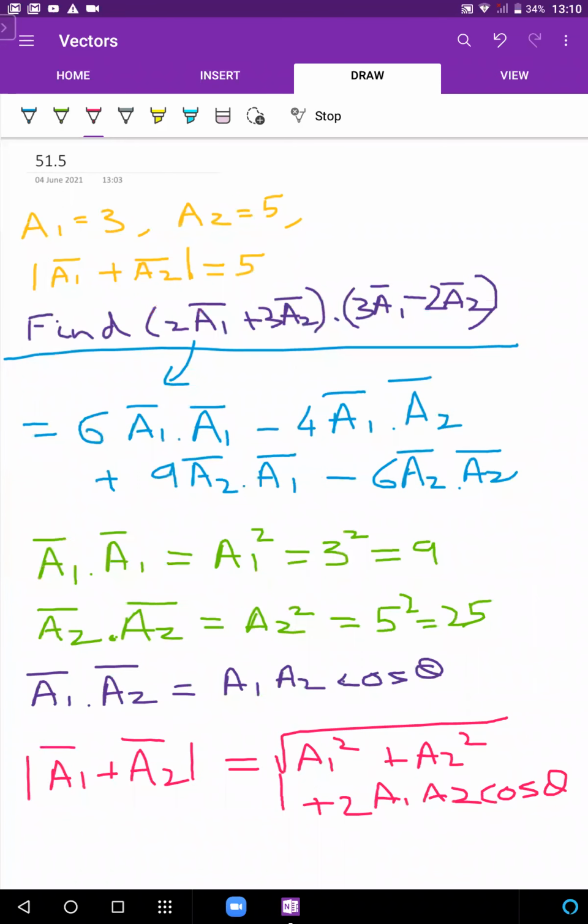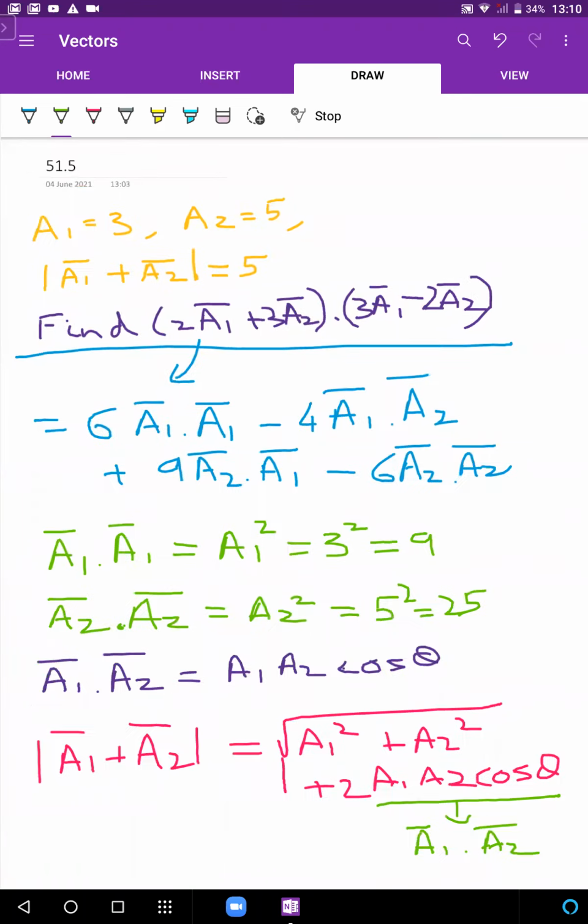In fact, this entire term, by the way, is actually A1 dot A2. You notice that this entire term is actually A1 dot A2. We can actually get A1 dot A2 out of this.